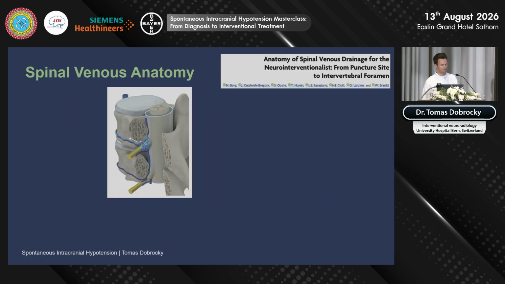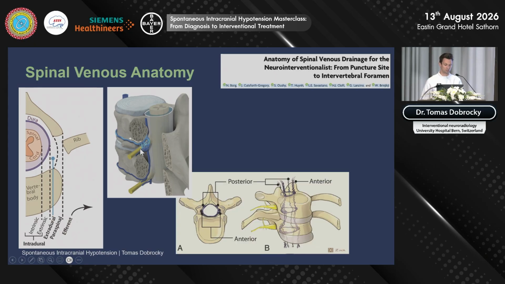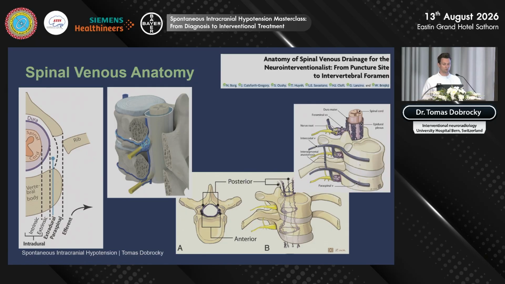To familiarize yourself with venous anatomy, I think it's important to mention that there is the epidural plexus, as all of you are aware, and the area where the fistulas form is along the nerve root or the nerve root sleeve, where the spinal arachnoid granulations are sitting. We have a longitudinal system of veins running along the entire spine, interconnected on various levels, and there's a great variance.